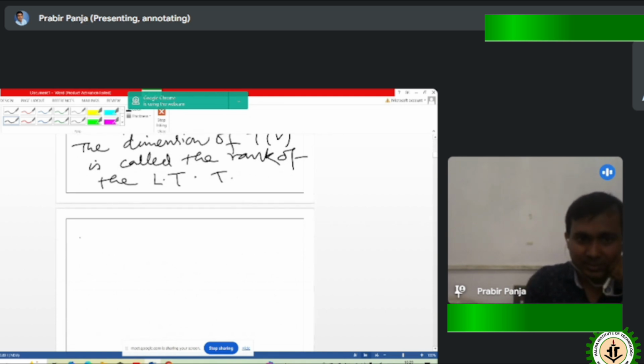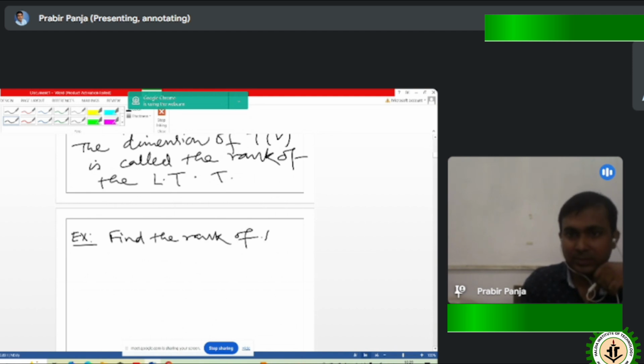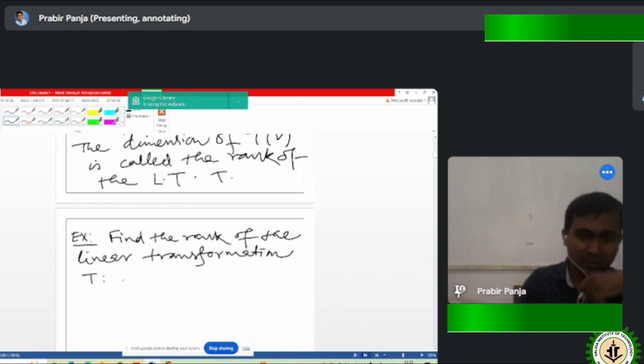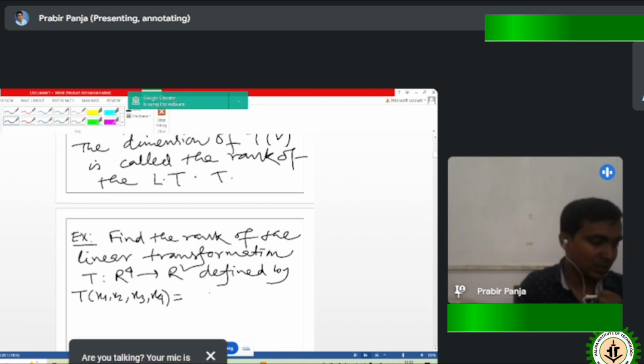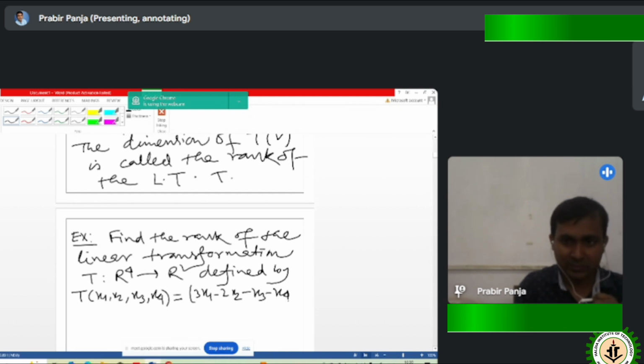Let us take one example here. Let's find the rank of the linear transformation T from R4 to R2, defined by T of x1, x2, x3, x4 is equal to 3x1 minus 2x2 minus x3 minus x4, comma x1 plus x2 minus 2x3 minus 3x4.